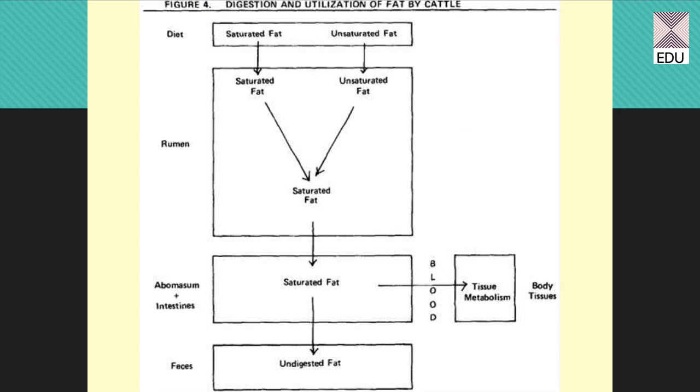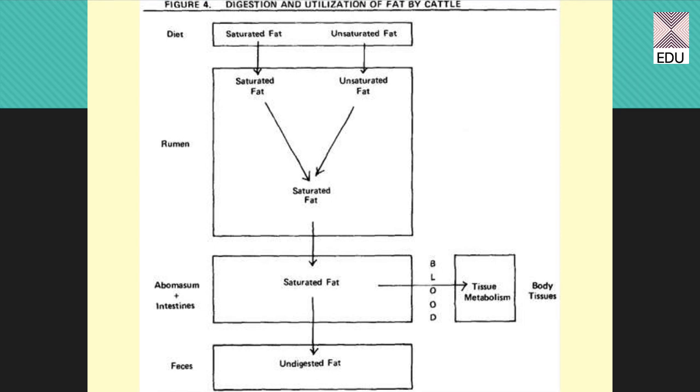This diagram shows the digestion and utilization of fat by the cattle. Whenever the cattle take up the raw food, both saturated and unsaturated fat are taken up in the diet. Now the saturated and unsaturated fat are both converted into saturated fat by the rumen. So this is a very important point.